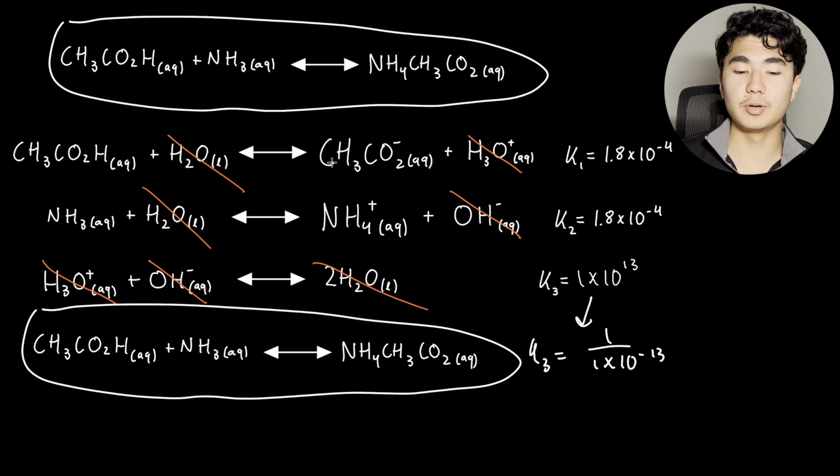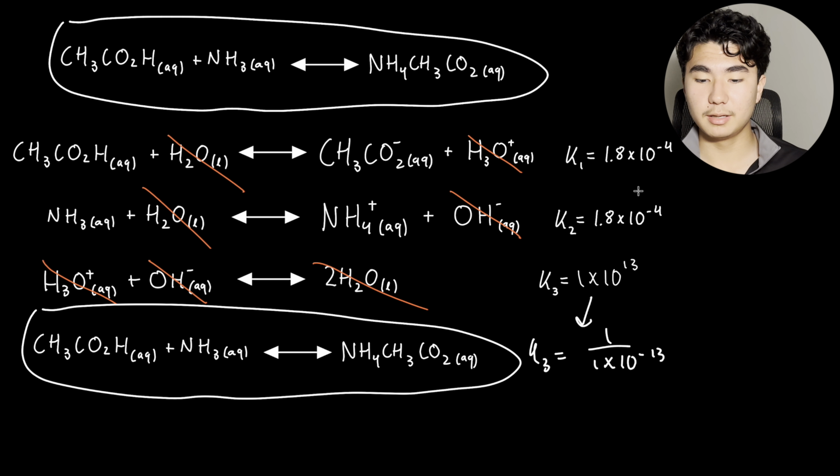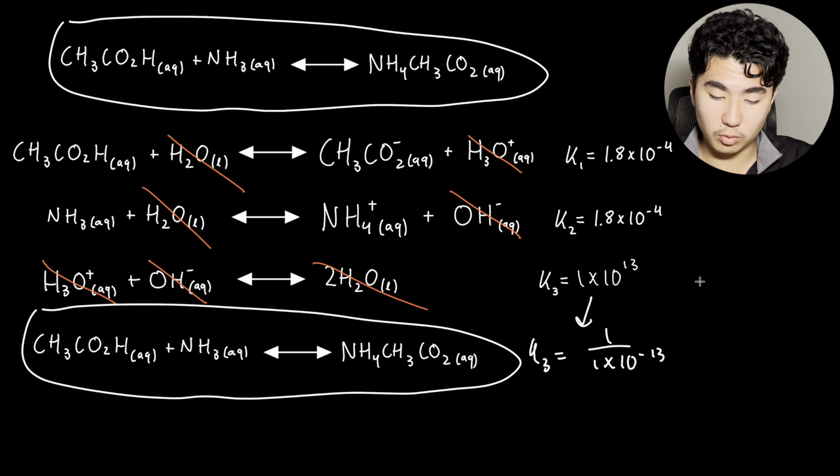And since we added up all of our reactions, we're going to multiply each of these Ks. So that'll be 1.8 times 10 to the negative 4, 1.8 times 10 to the negative 4 again, and then 1.0 times 10 to the 13.